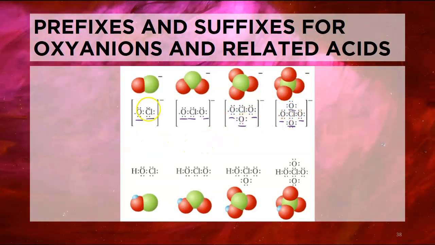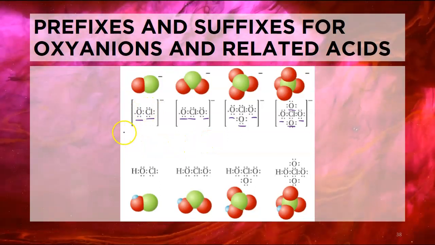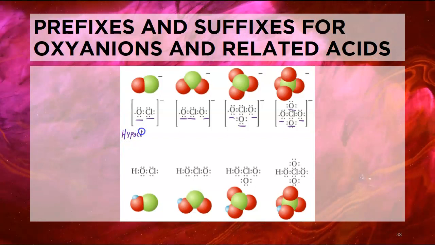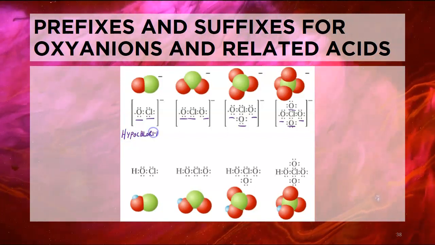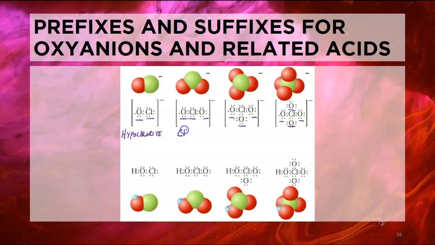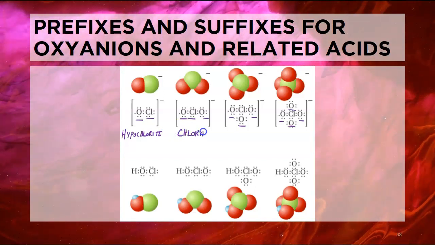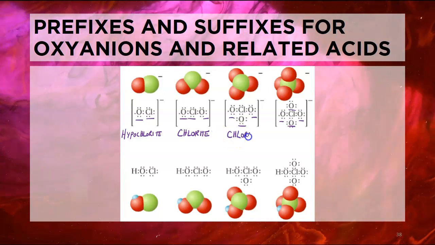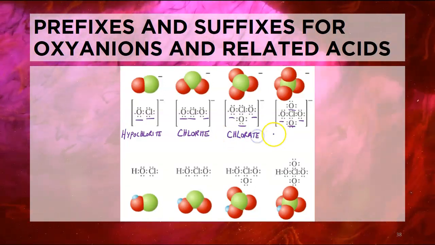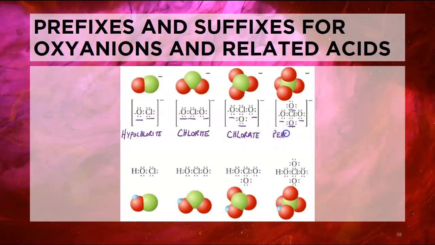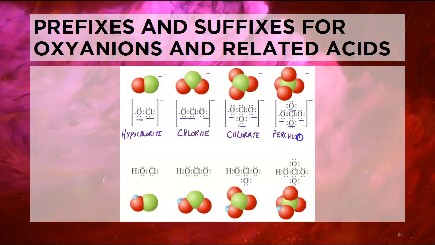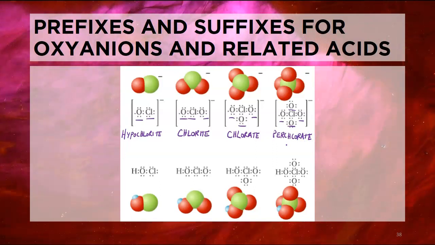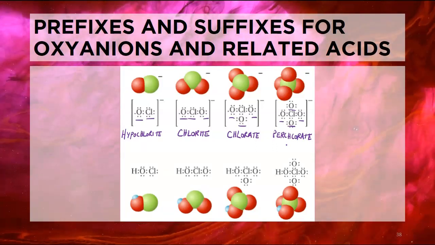The naming goes from, we start at hypochlorite, and then just chlorite. And then we go to chlorate and perchlorate. So those are what we should know from my periodic table of ions, what those ions are called.